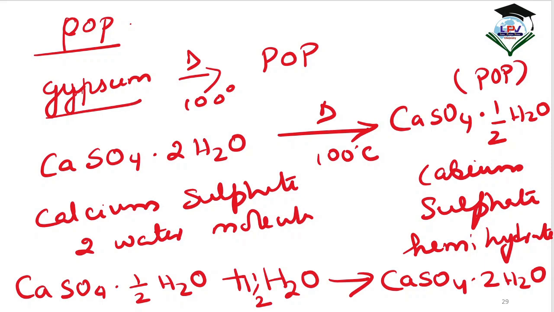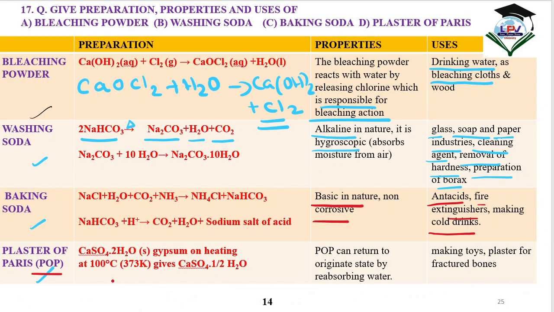So it retains its originality. POP reabsorbs the moisture and comes back to its original state. The uses of plaster of Paris are making toys, plaster for fractured bones, and molds.